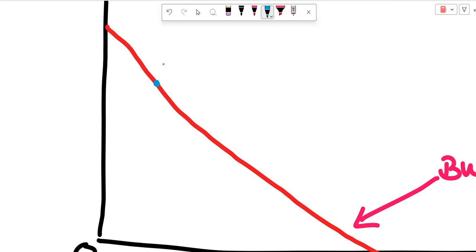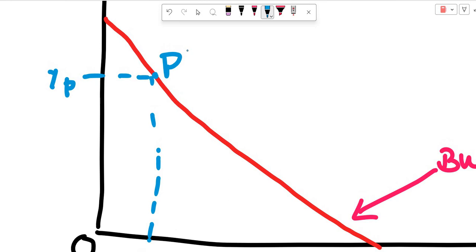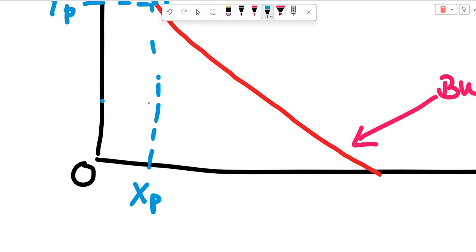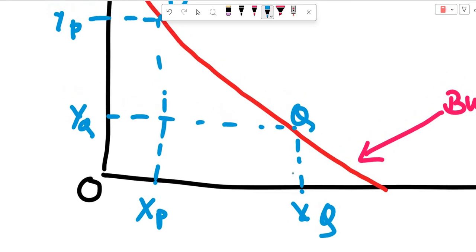If I think of a point P and we plot YP and XP over here, basically it means if the consumer is operating on point P, then the consumer is buying YP amounts of good Y and XP amounts of good X. Similarly, if we have another point, say Q, and if we plot YQ and XQ, then basically the consumer is buying YQ amounts of commodity Y and XQ amounts of commodity X, right?